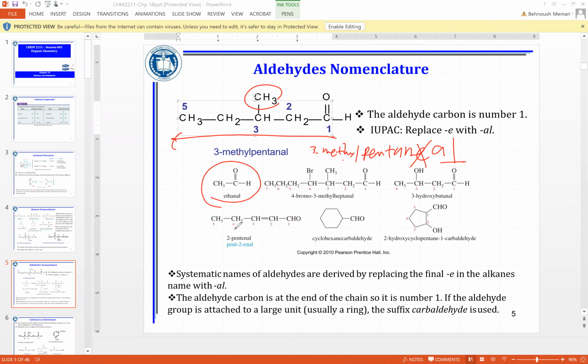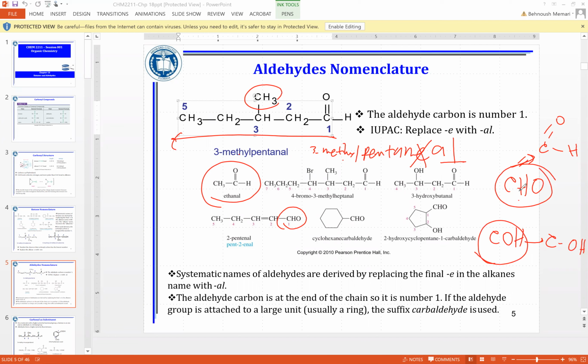Ethanal or propanal, butanal, or like this is a pentanal. One thing you have to be careful with in the condensed formula: when you have CHO, this means it's equal to C double bond O with an H. When you have COH, this one is alcohol. So that is the difference between alcohol and aldehyde in the condensed formula.